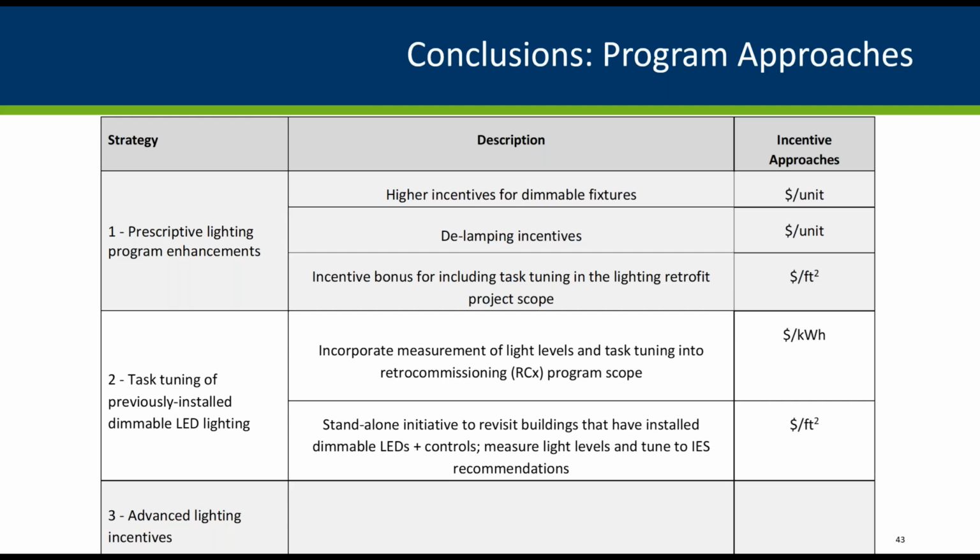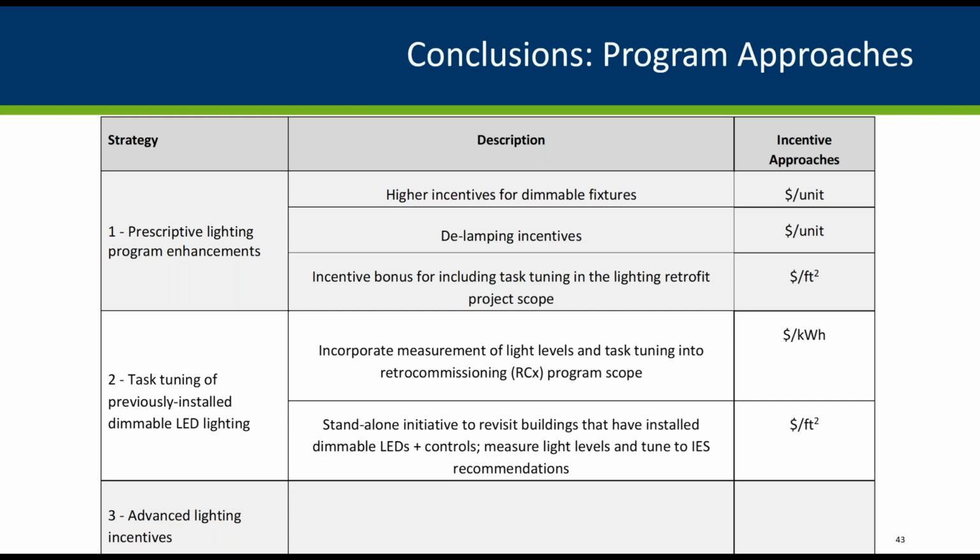The savings potential can be captured by incorporating light level optimization into the scope of an existing program like retro-commissioning, which involves a comprehensive assessment of a customer's facility to identify and implement energy savings opportunities through optimization of lighting and HVAC controls. Utilities can also offer a standalone program that supports task tuning.